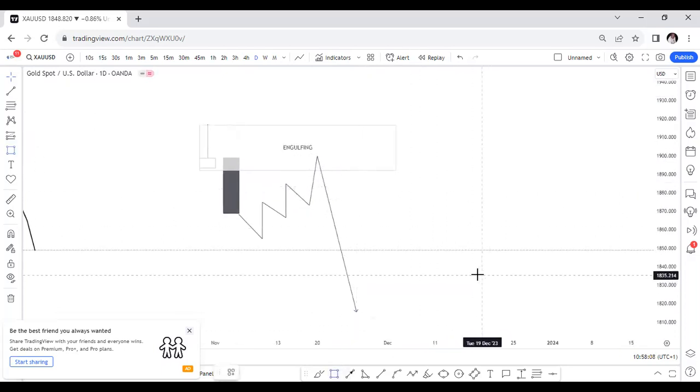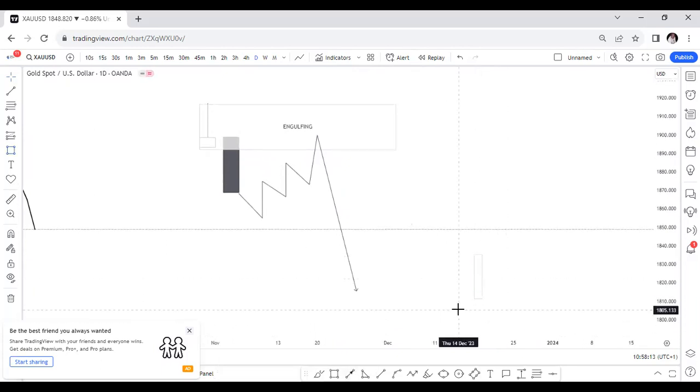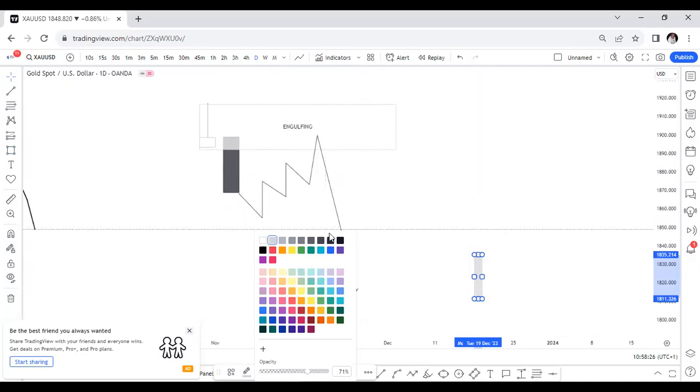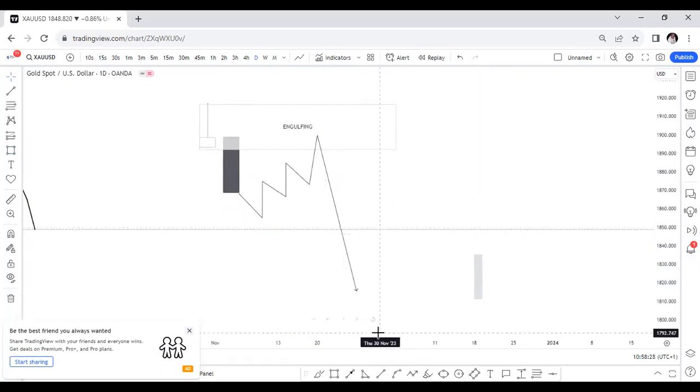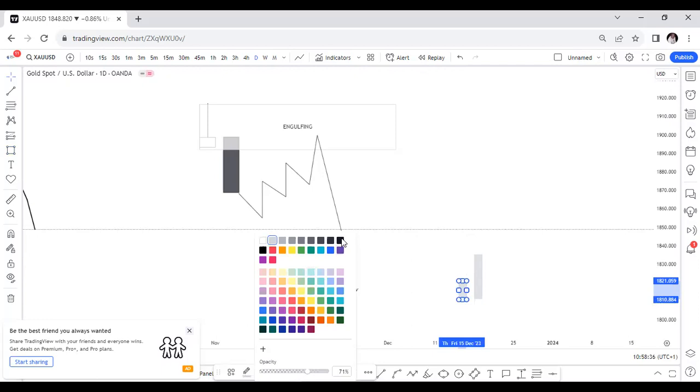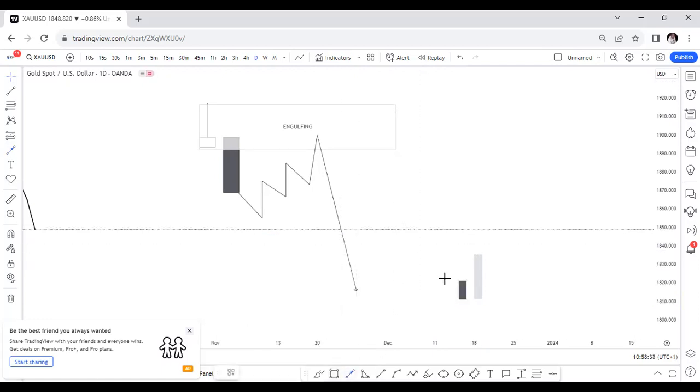If you have an engulfing like this, let me put it down, you have this as our bearish candle, and this is the wick.